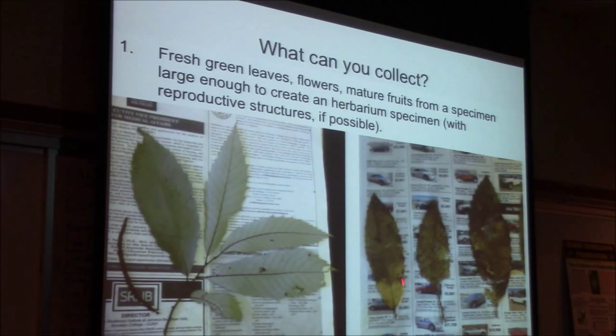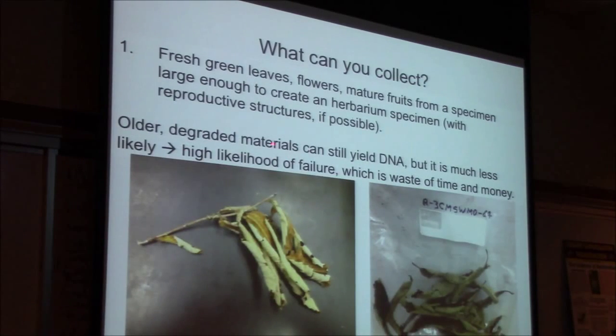A specimen that gets to me like this, and this isn't necessarily all your fault, some of this is my fault, but specimens like this I can't get DNA out of, or it's hard to get DNA out of. Older degraded materials that come to me in the mail, some of these I can still get DNA out of, but it's not a great use of our resources, because there's a high likelihood that I'll go through the process, and I'll spend the money and the reagents, and I'll spend the time, the manpower, and that DNA extraction will fail.